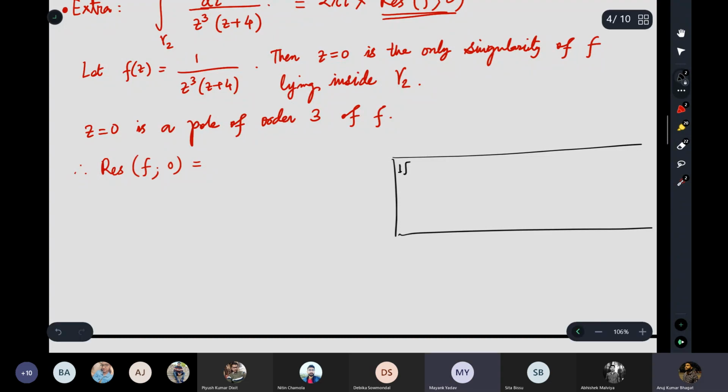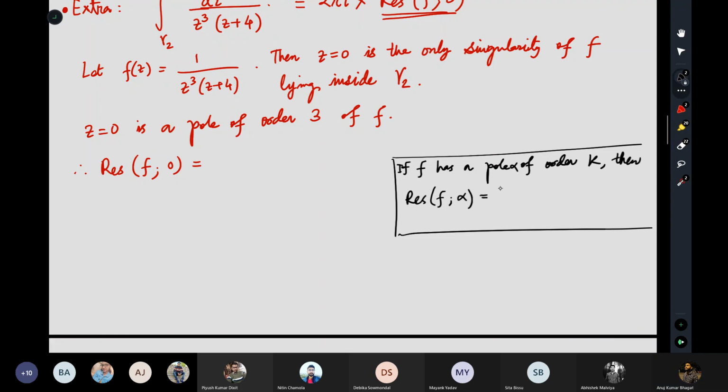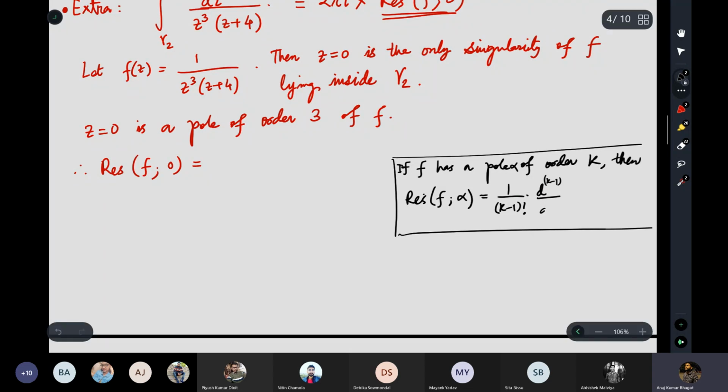So if f has a pole of order k, or n, doesn't matter, suppose a pole alpha of order k, then the residue of the function f at alpha is nothing but 1 by (k minus 1) factorial times the (k minus 1)th derivative, you have to differentiate k minus 1 times, of the function (z minus alpha) to the power k times f(z).